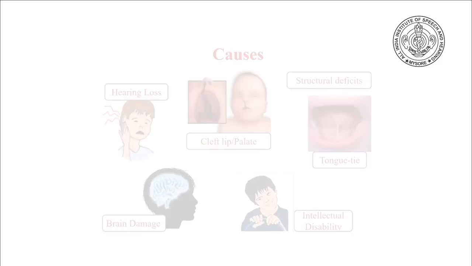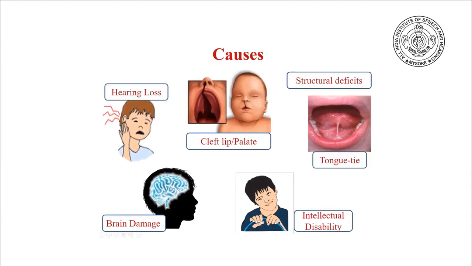The reasons for these difficulties could include structural problems such as cleft of lip, cleft of palate or tongue tie, hearing impairment, intellectual disability where the IQ of the child is lower than what is expected of the age, damage to the brain, etc. However, it is also common to see these speech sound disorders in the absence of any known cause.